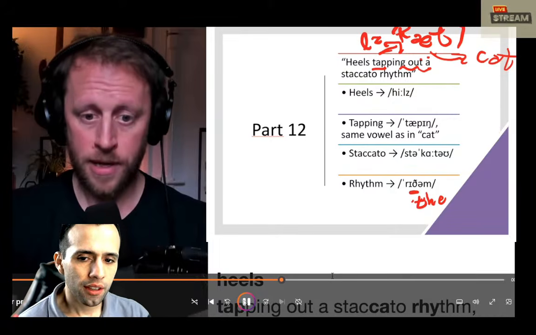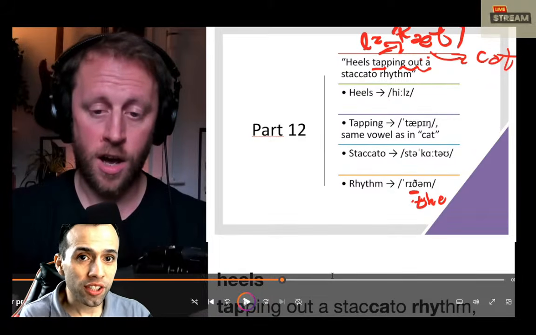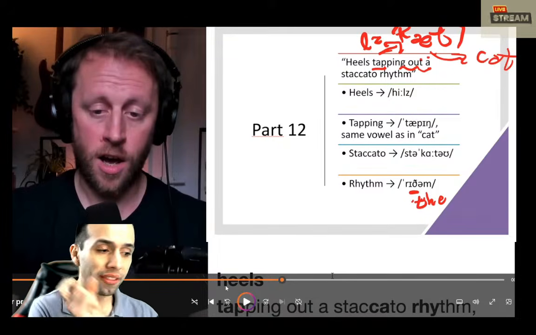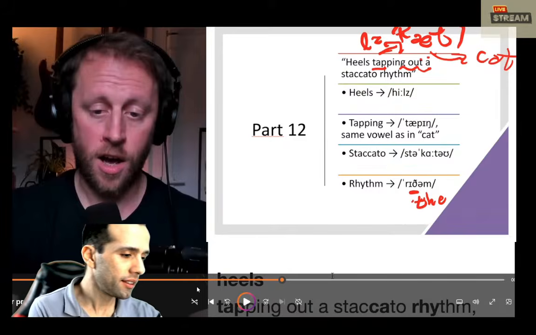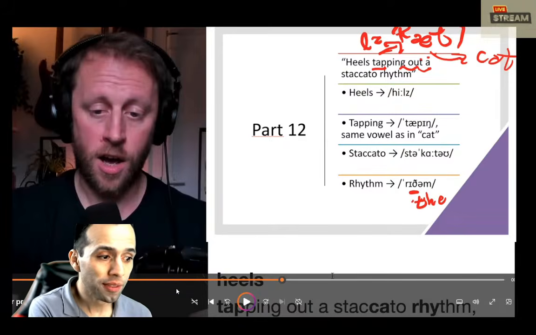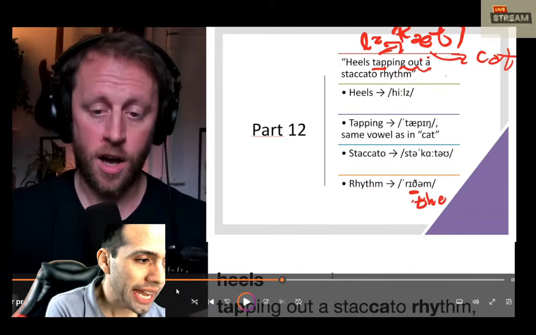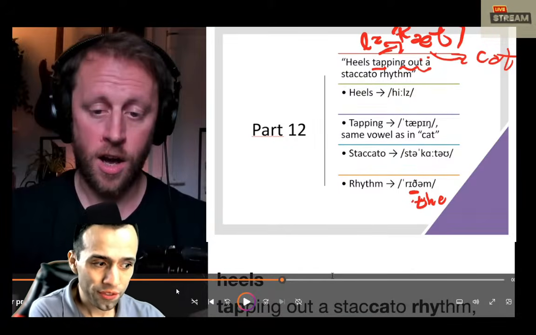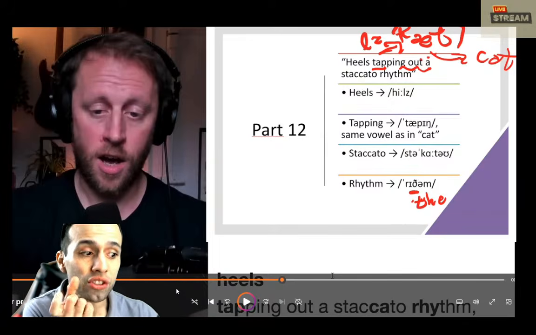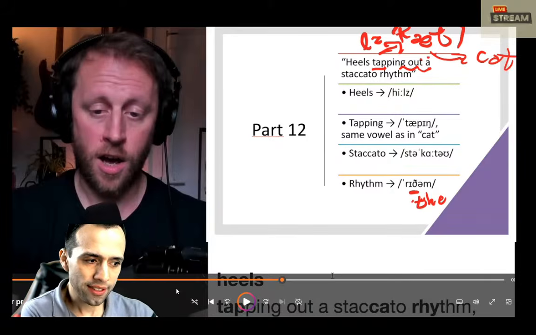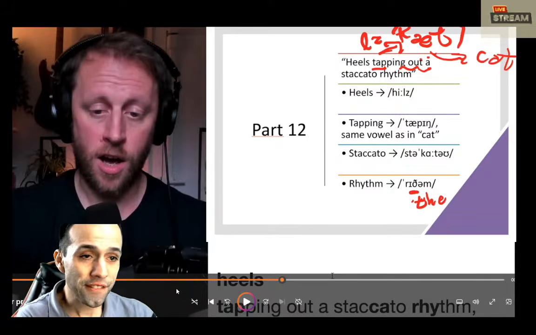Heels tapping outer, tapping outer. Okay, that's catenation once again. You get tapping outer because the final consonant in out gets linked to the next vowel sound.